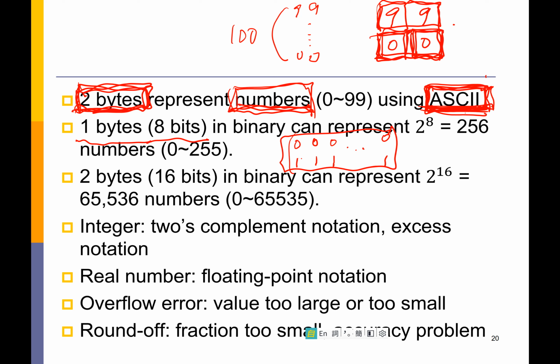We have 2 choices for each bit, including the last bit. And in total, how many choices do we have? We have 2 to the power of 8, which is 256.